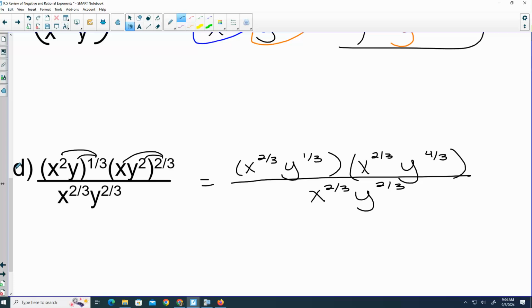All right, what now? Combine our like terms by adding our exponents. So on top, we can combine our x's. 2/3 plus 2/3 is 4/3. Combine our y's. 1/3 plus 4/3 is 5/3.